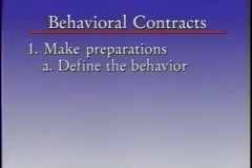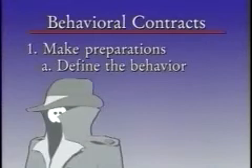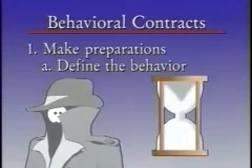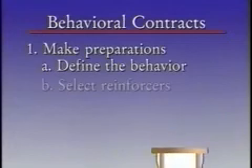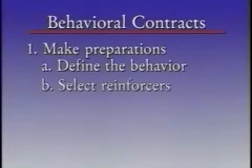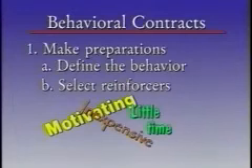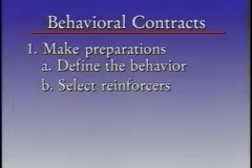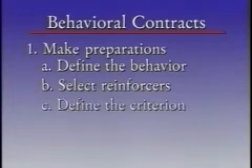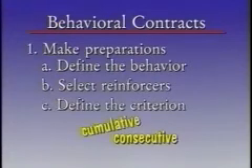Begin by defining the behavior you want to change. Remember, it must be observable and measurable. Next, select reinforcers that are motivating to the student, inexpensive, and require little time. Then, define the criterion. Remember, a cumulative criterion reinforces success and is generally better than a consecutive criterion.